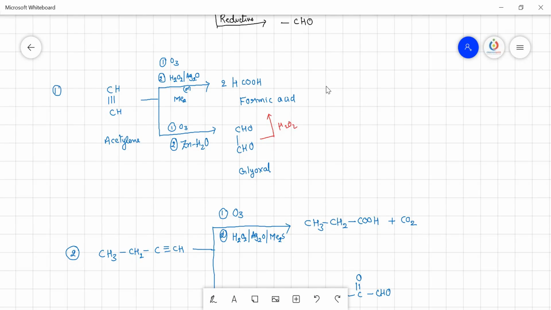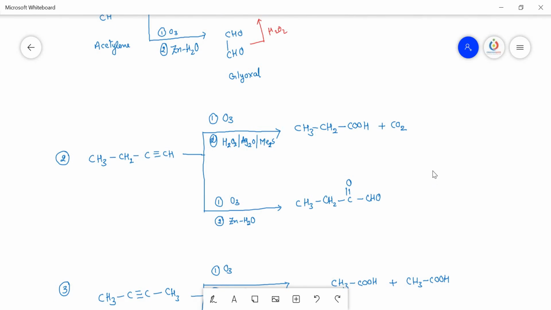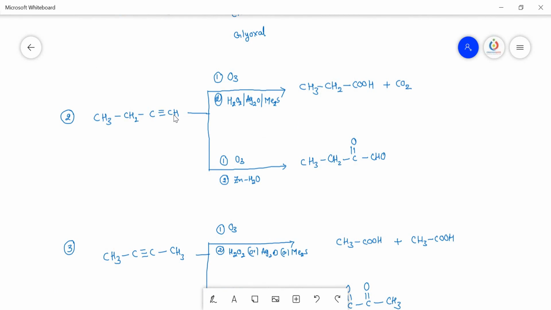And in the case of the other type of alkynes, if you take this alkyne where a triple bond CH is present and a triple bond carbon with one alkyl group is also present. Now you take the oxidative ozonolysis. In this case you just break the triple bond between the two carbon atoms.